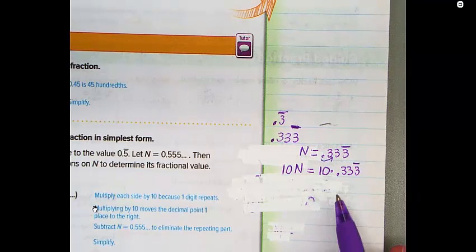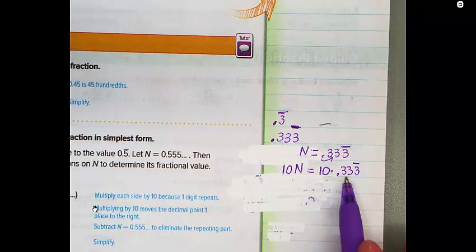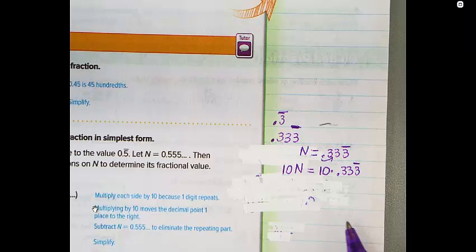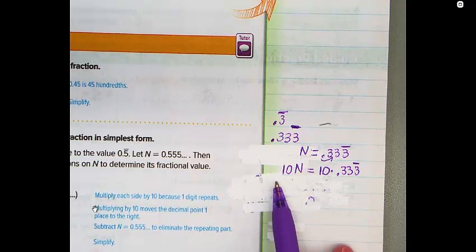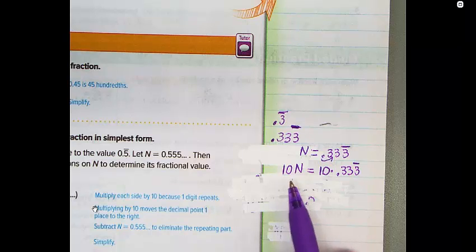Now my goal here, remember, let's not lose track of what we're doing. We're trying to get this number to become a fraction, but not have a decimal. So here's how we do this. We have 10 times n, which is 10n. So I have 10 n's, okay? Just like if it was 10a, we might call a apples, we'd have 10 apples.